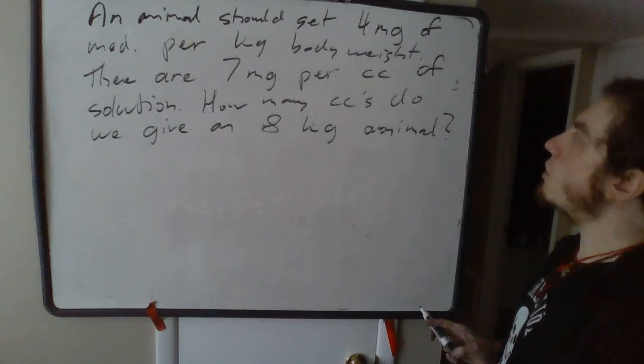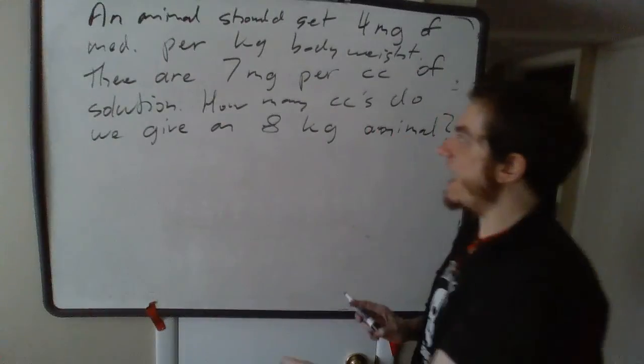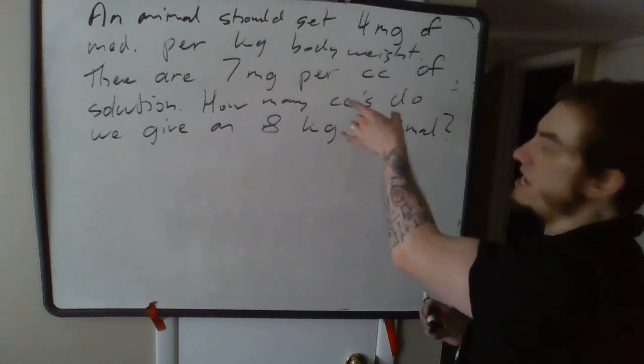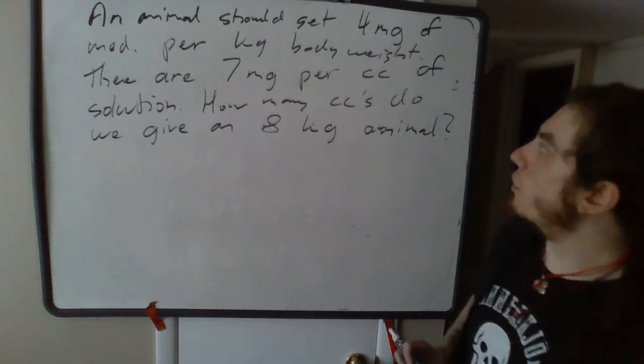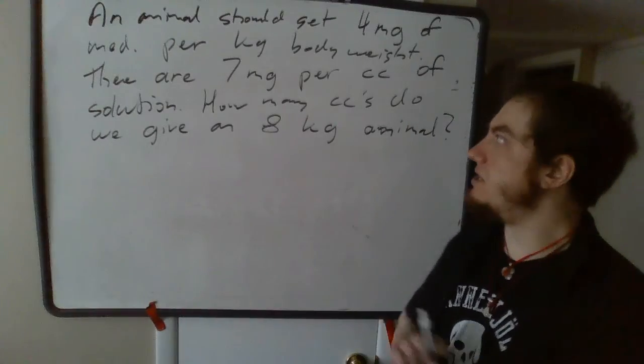So the first thing we want to do is take the measurement of the animal, in this case the body weight in kilograms, and convert that into the amount of medicine that we want to give the animal.